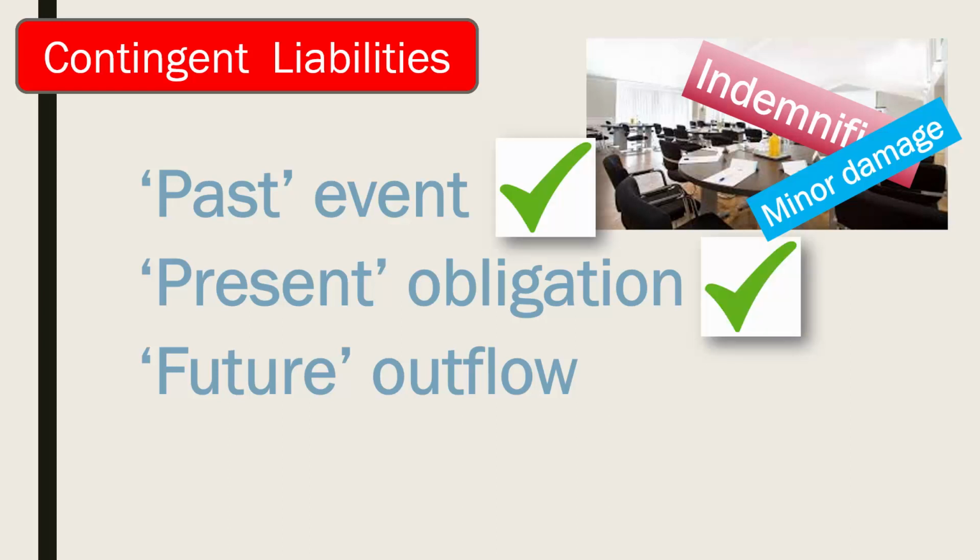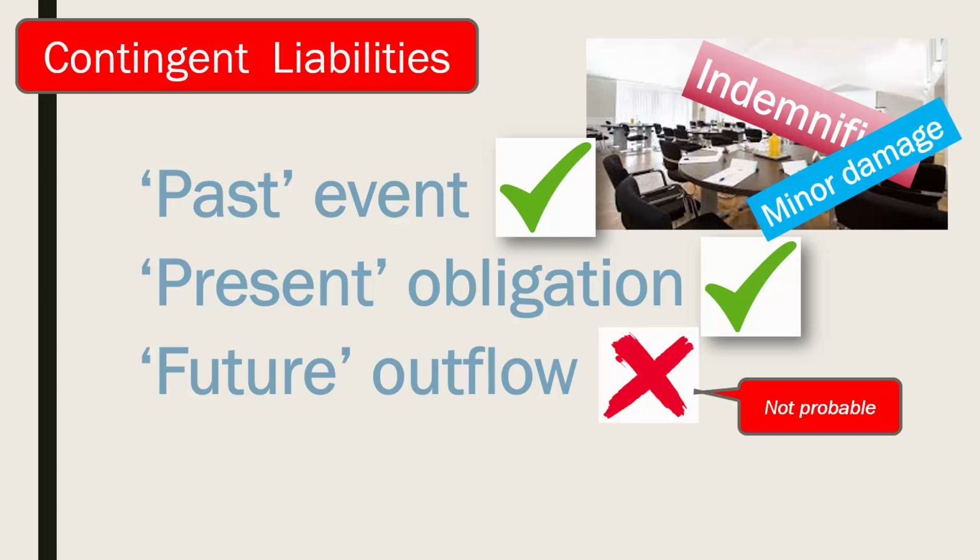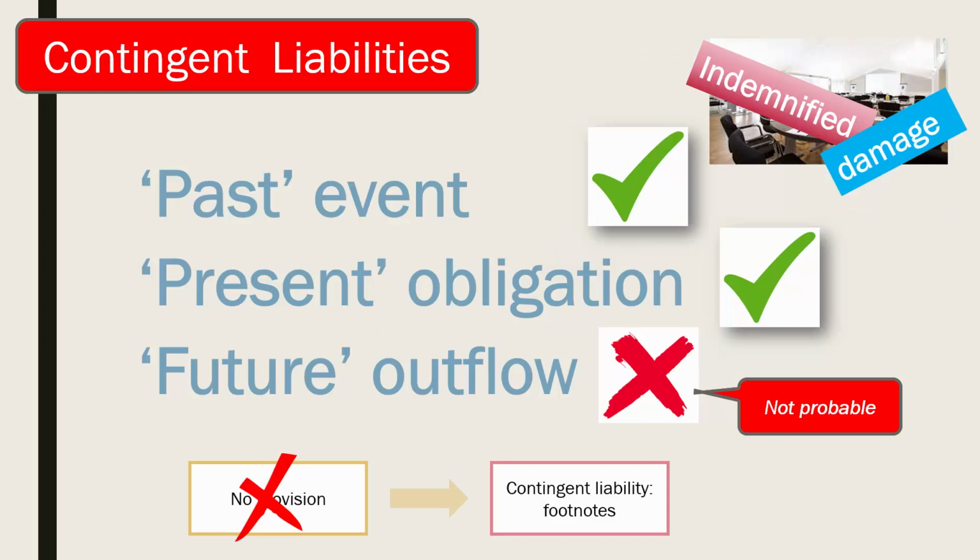There is a past event and a present obligation, but the owner has not requested compensation for the minor damage, and our firm may consider it possible, but unlikely, i.e. less than 50% likely, that the owner of the venue will require any payment from the firm. In this case, there is not a future outflow that is probable, and so there would not be a provision, and a contingent liability would be disclosed in the footnotes.